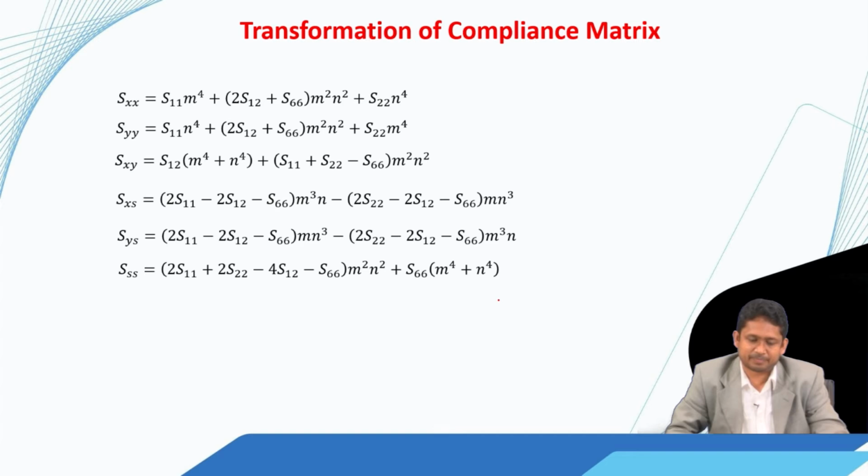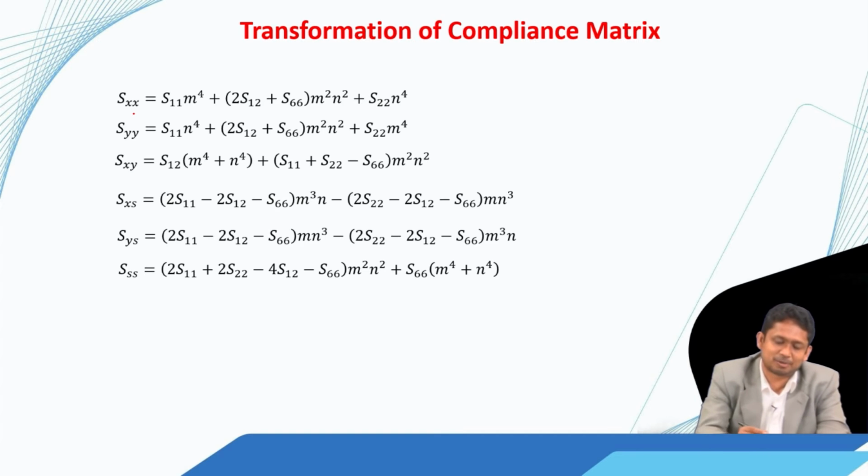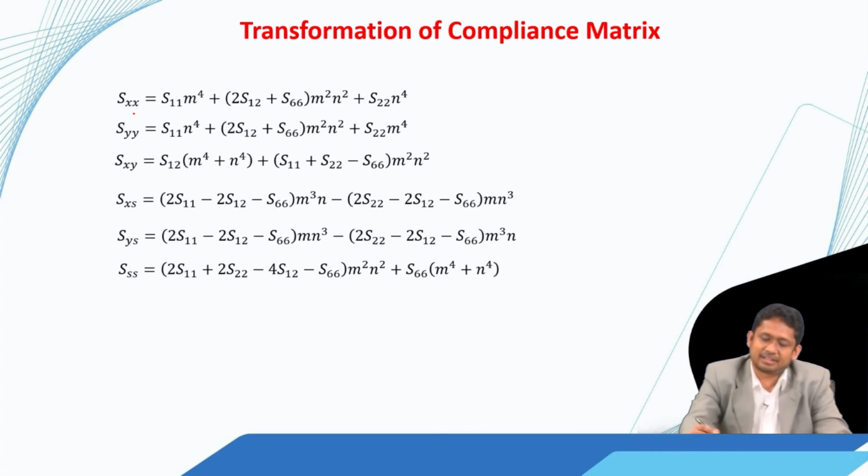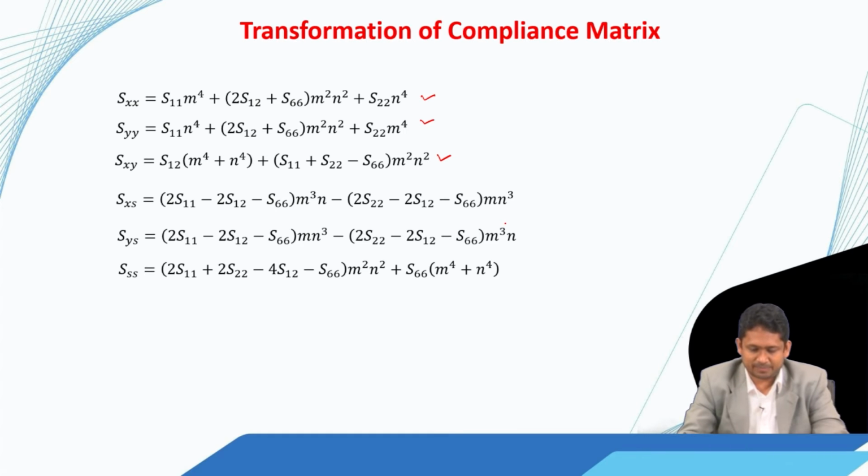Now, the S matrix components in the xy system can also be written in terms of the components of the S matrix in the 1-2 system, and these are the relations. Again we see that the xx, yy, xy components and ss are all even functions of m and n, which means that when theta changes sign, they do not change sign.